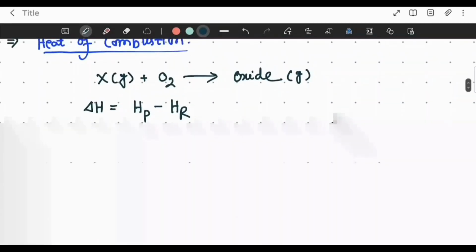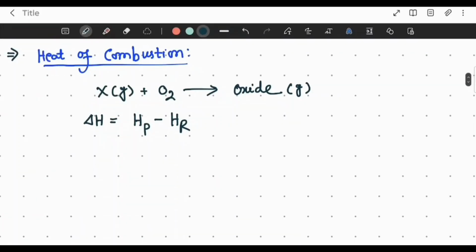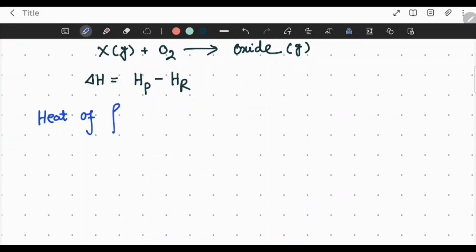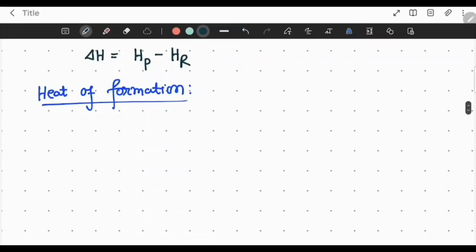Okay, if you take a sample of the species X, 1 mole, then this del H would be called the molar heat of combustion. Similarly, this is the heat of combustion. So what would be the definition for heat of formation? Heat of formation is also quite similar.